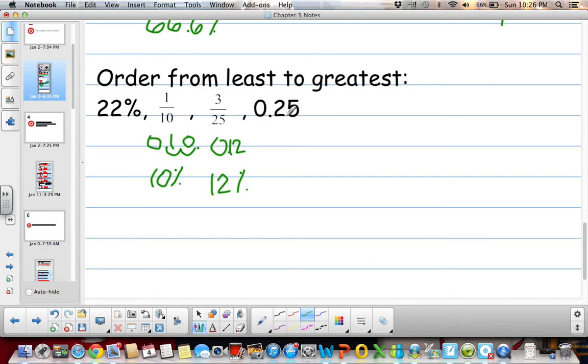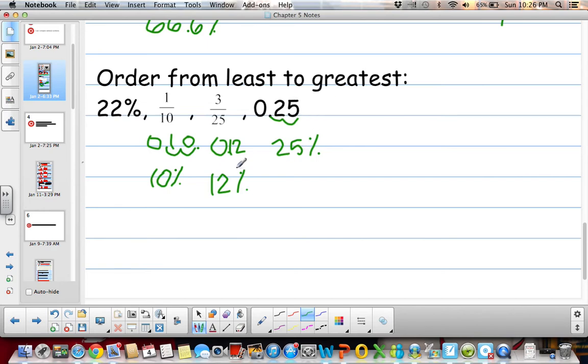Okay, and then we have 0.25. We can move this over 2, and we have 25%. So now if we want to write it in order from least to greatest, we know that 10% is the least, and then 12%, and then 22%, and then 25%.